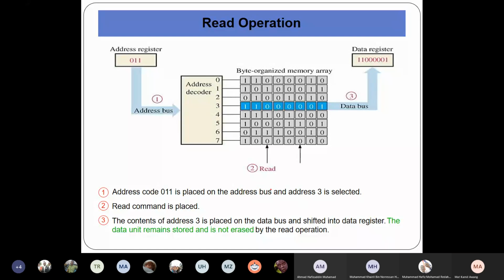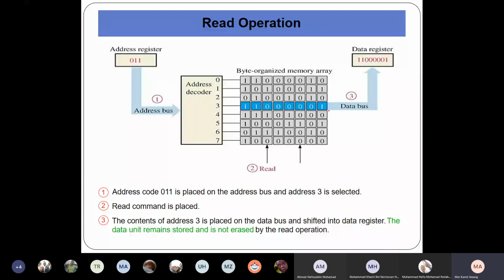Then the read line is high to indicate that it is a read operation. So what happens is that the data from row 3 is placed on the data bus and sent to the data register. So 11000001 is copied or written into the data register. 11000001.